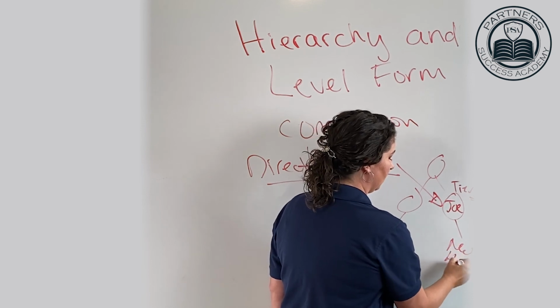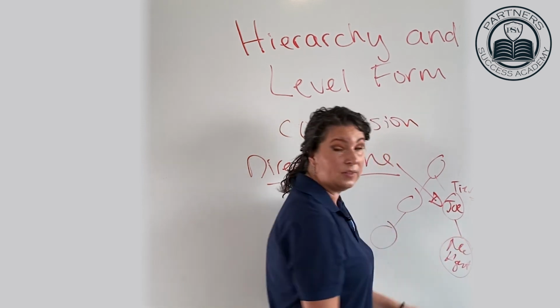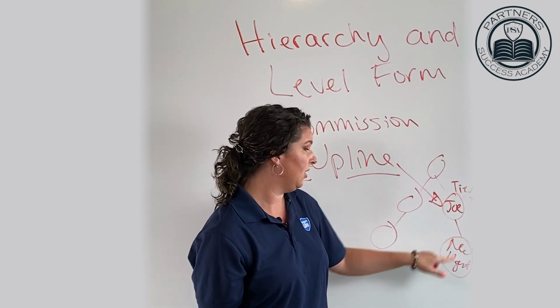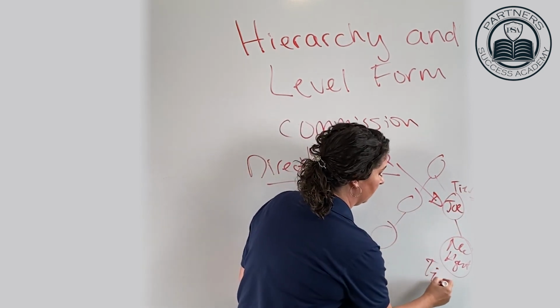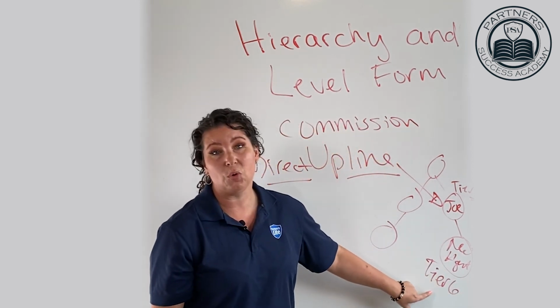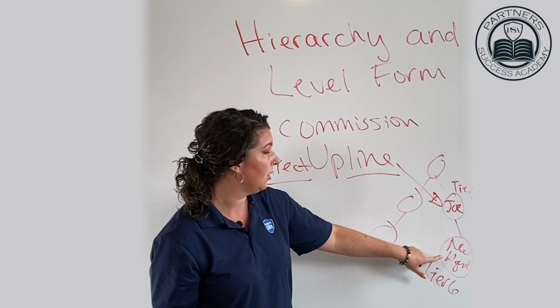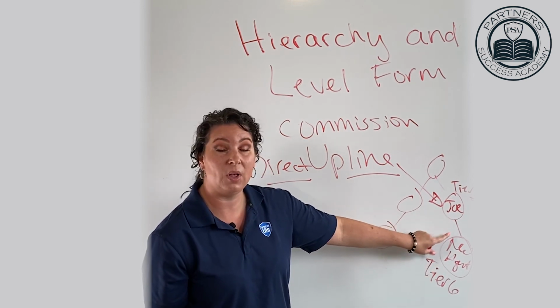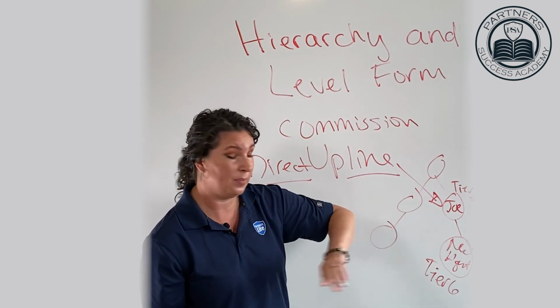Now, the next question obviously is, well, Joe is at a tier 3, and this new agent has a lot of experience, has some other agents that they're bringing with them and all that. I don't want them at a tier 3. I want them at a tier 6 or whatever. Yes, you can put somebody direct to somebody else who has a lower commission level, and I'm going to go into that in a video in a minute.